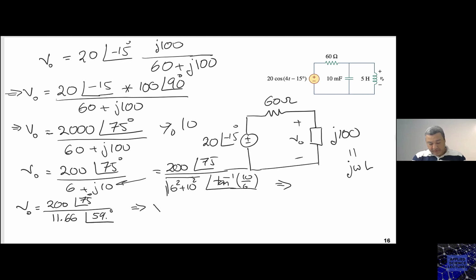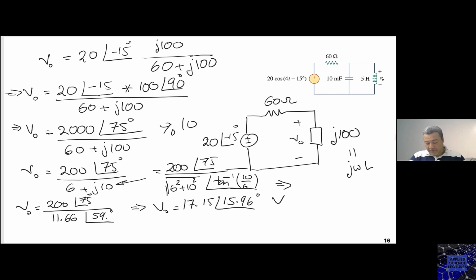So V naught is 75 minus 59, 15.96 degrees. 200 divided by 11.66 is 17.15.